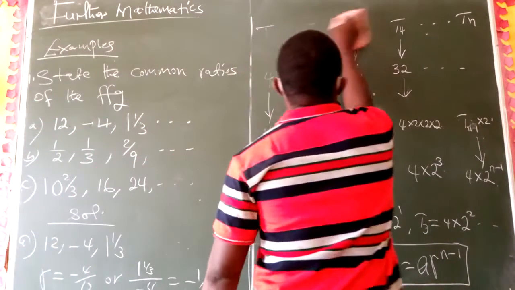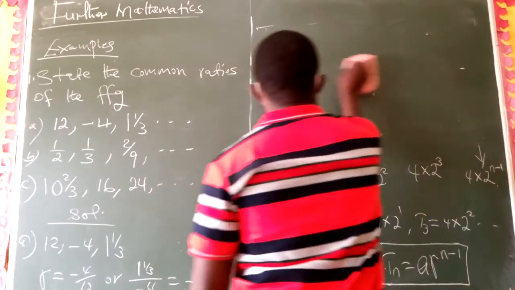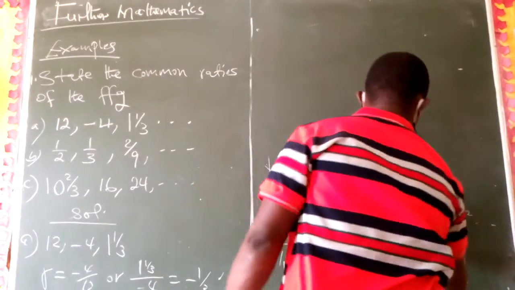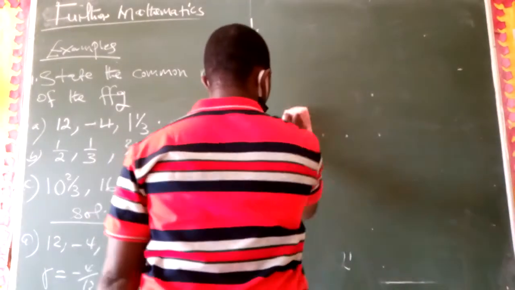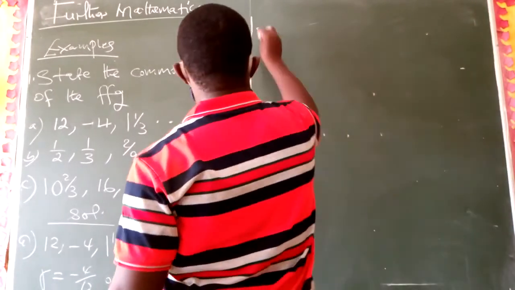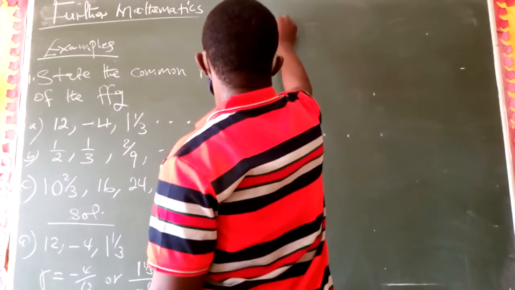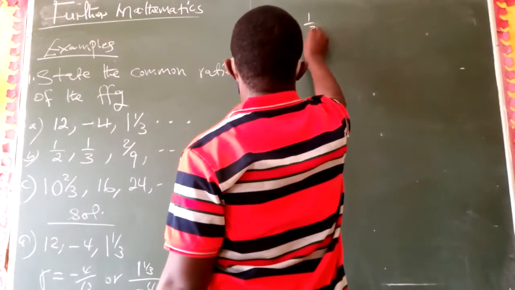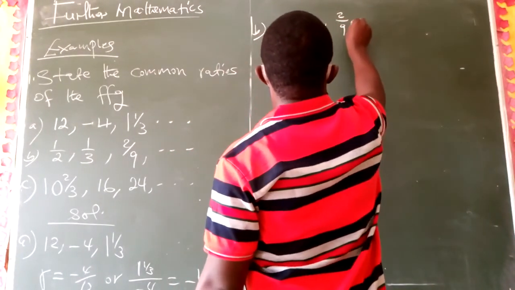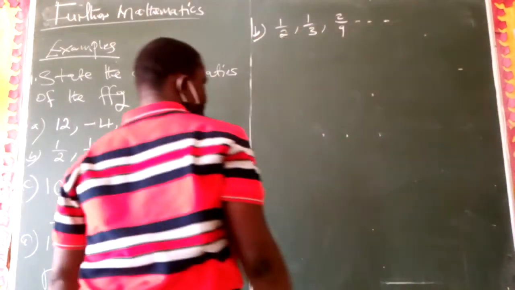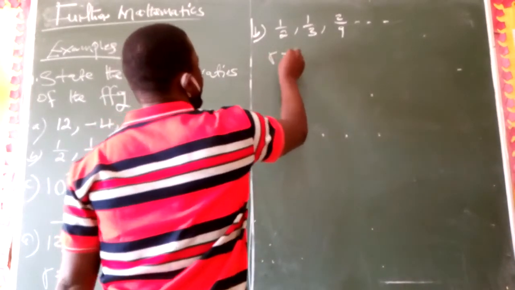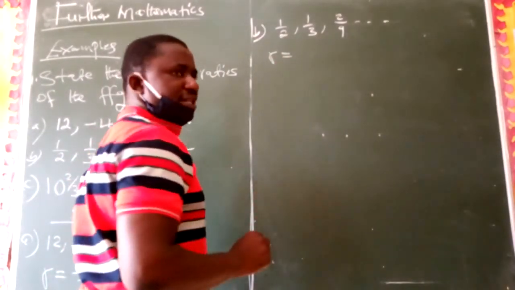Okay, the next one, B. We have 1 over 2, 1 over 3, 2 over 9, continuously. The common ratio here is going to be a term divided by its preceding term.